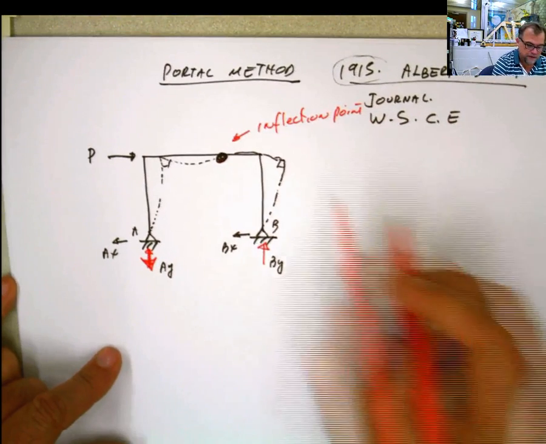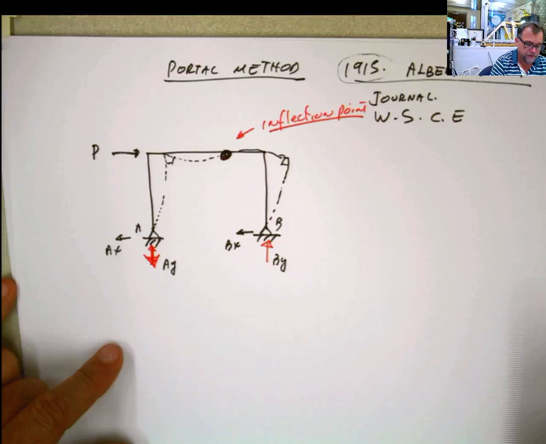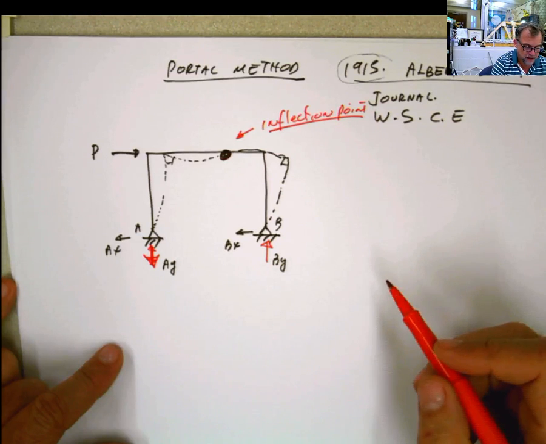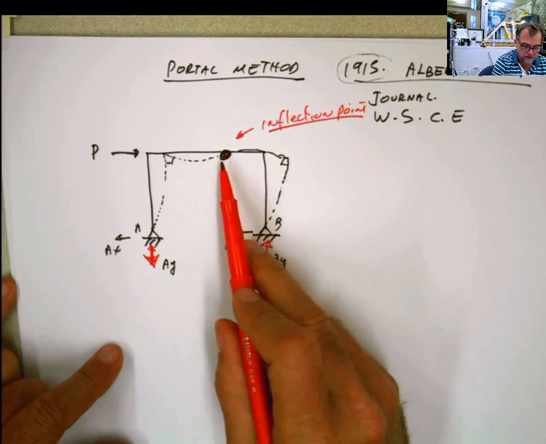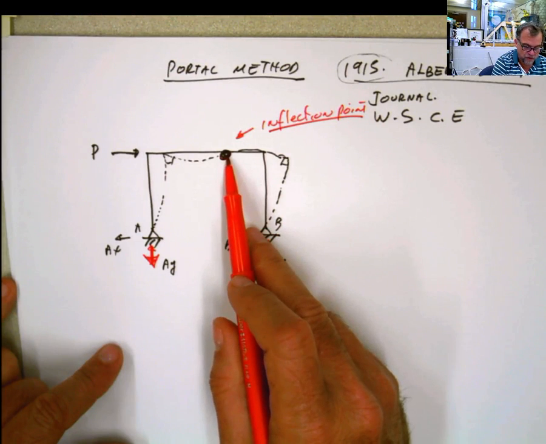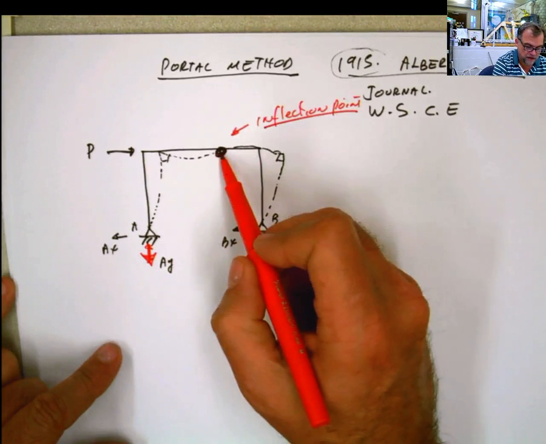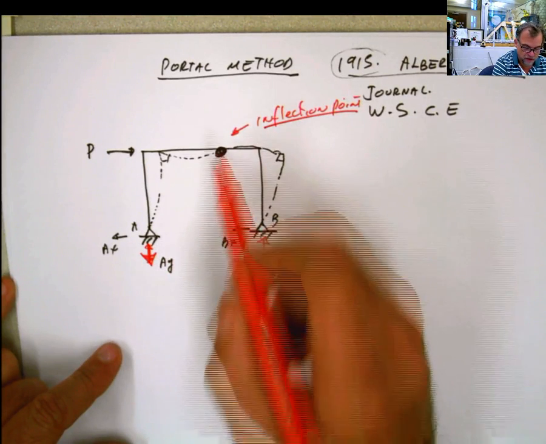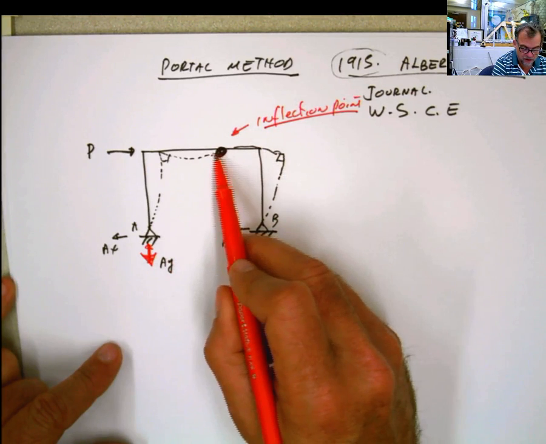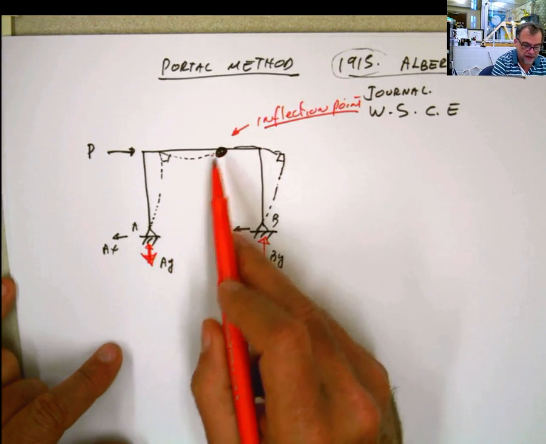And you know that because you have done tons, hopefully, of shear and moment diagrams, that whenever you have an inflection point, that could represent an internal hinge in that structure. At that inflection point, the moment is going to be 0 in the moment diagram, and that happens when you have a hinge.